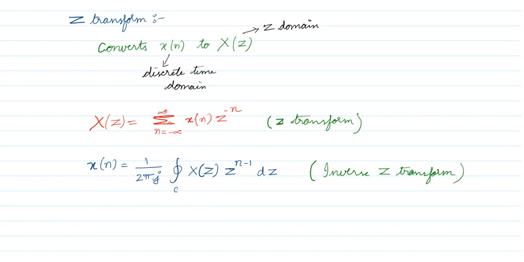But here in signals and systems, we will be using Z transform pairs to convert from Z domain to discrete time domain. We will not be using this relation here; in mathematics, you will be using it. In this video, we will be seeing only the Z transform. The inverse Z transform I will explain in the next video.